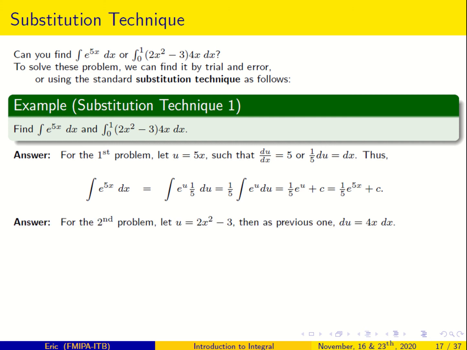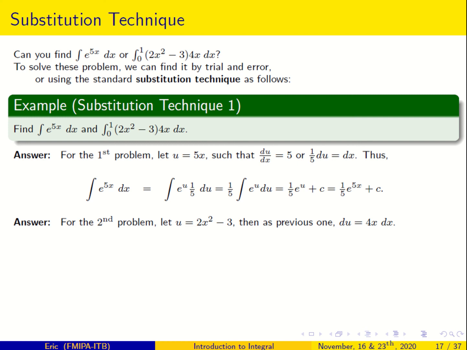So for the second problem, let u equal 2x squared minus 3. Then, as before, du dx should be 4x, and du should be 4x dx. So 4x dx is du.